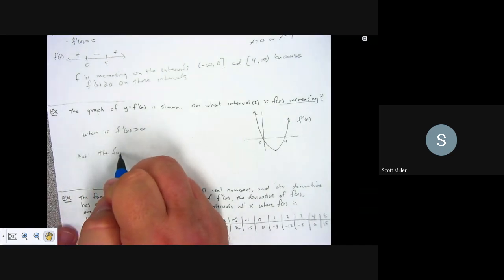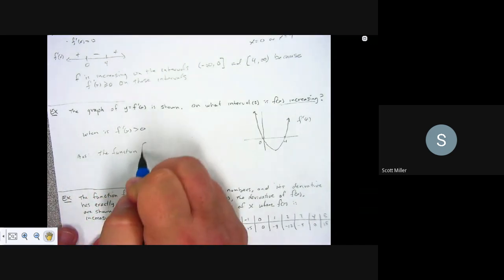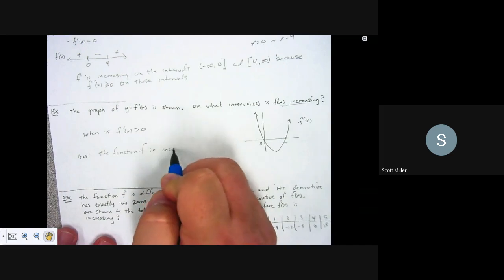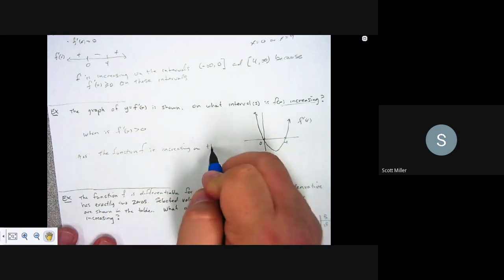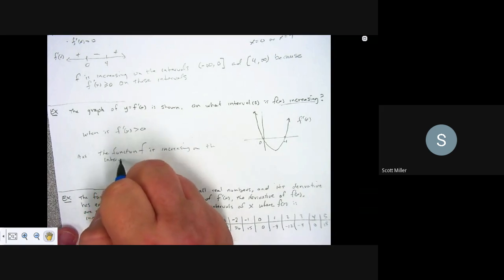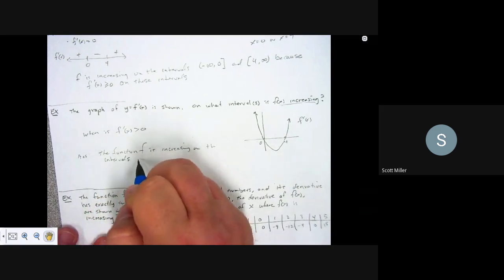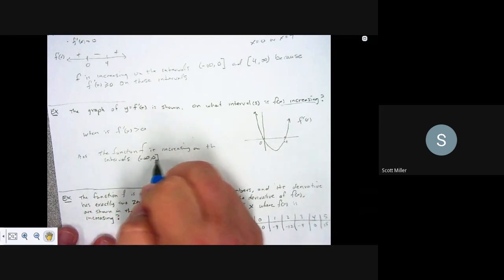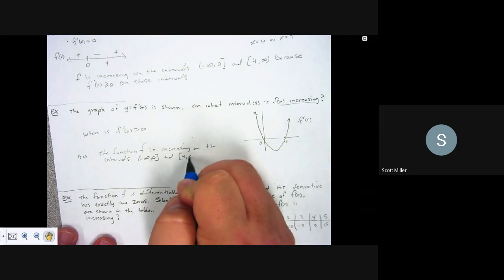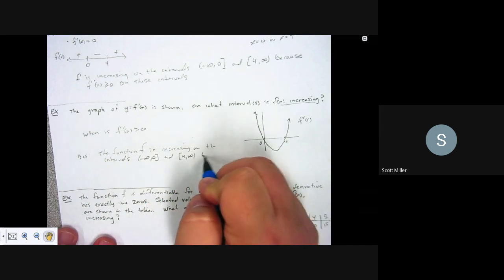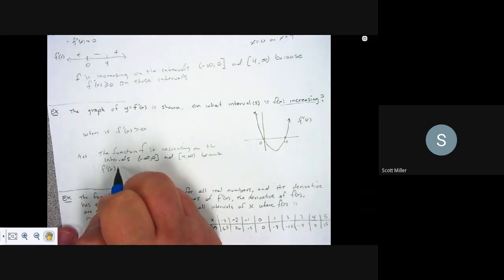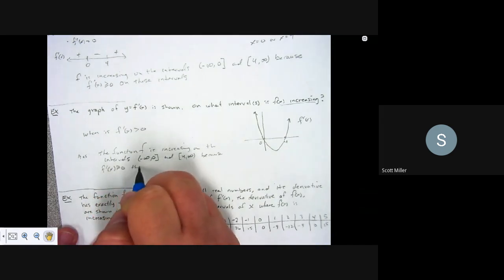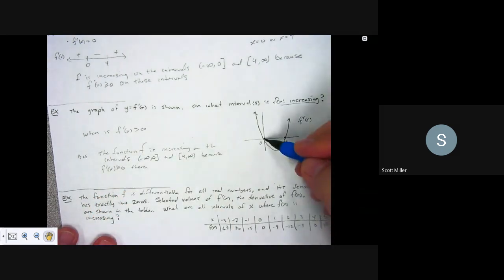The function f is increasing on the intervals from negative infinity to 0 and from 4 to infinity because f prime of x is greater than or equal to 0. There, 0 and above.